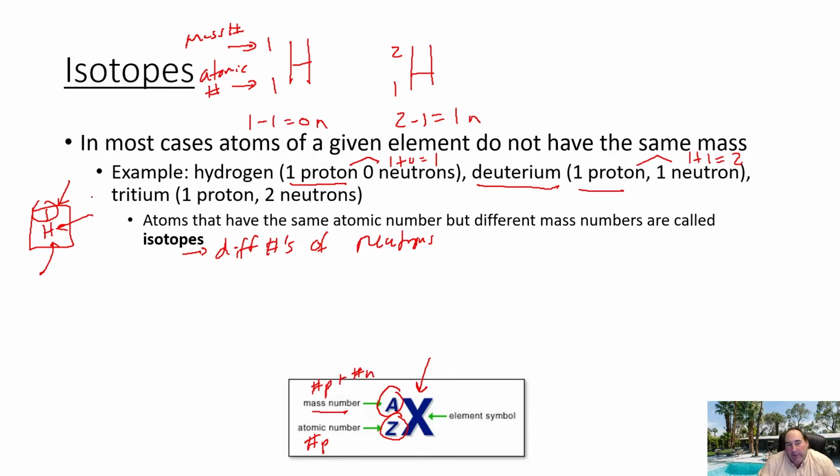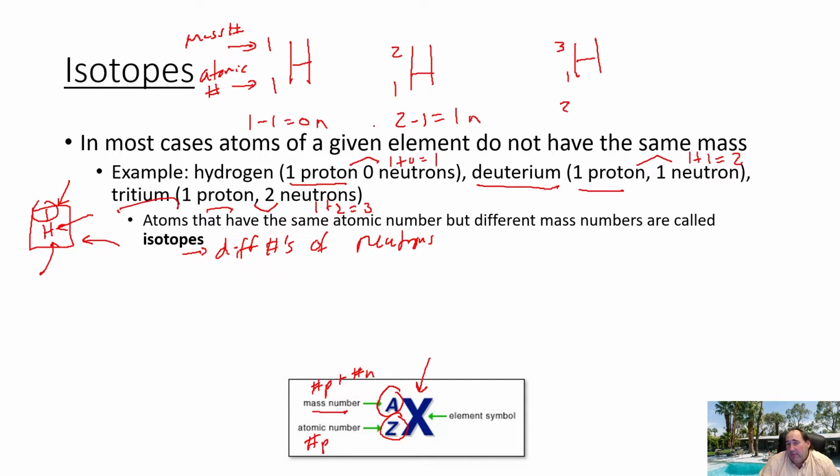And lastly, tritium, which once again may not scream hydrogen to you, but when you see that it does have 1 proton, that tells us when we go to the periodic table and find number 1, it is this symbol H, and that means it's still hydrogen. Looking at our mass number, that is 1 plus 2, which is 3 in this case.